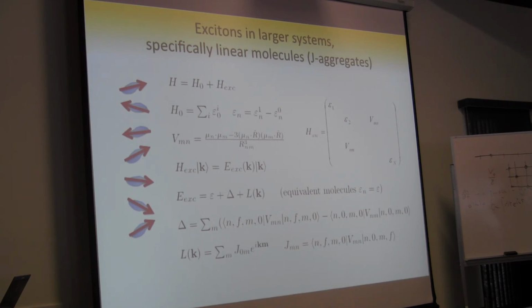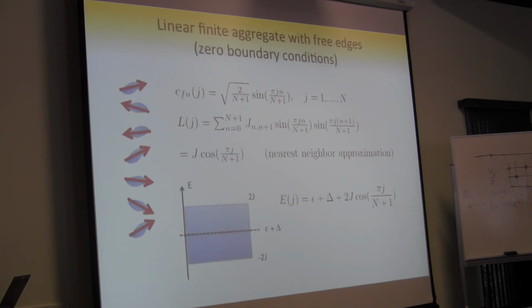Yeah? Since this is periodic, it must be modulated with a phase factor here, e to the i k m, which is the Bloch vector, which runs through all the units. And that's then, of course, proportional to the interaction energy between two individual members, M and N.